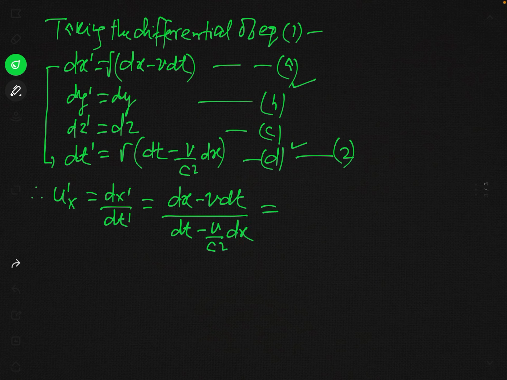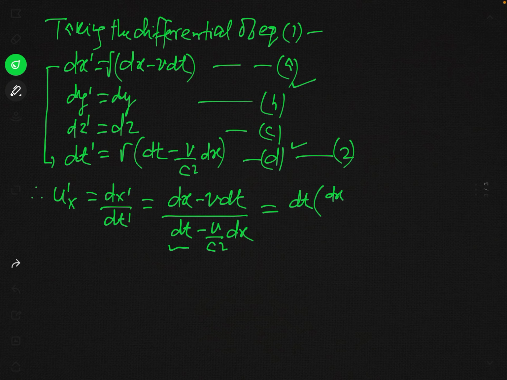Now let us take this dt as a common factor in the denominator, and also take dt in the numerator as a common factor. As the first term does not contain dt, we must divide this dx by dt.